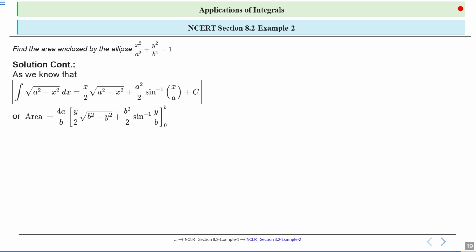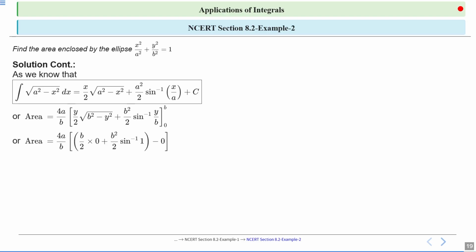Now we apply the second fundamental theorem of integral calculus to find the value of the definite integral. So we get 4a by b times: at first put y equal to b.